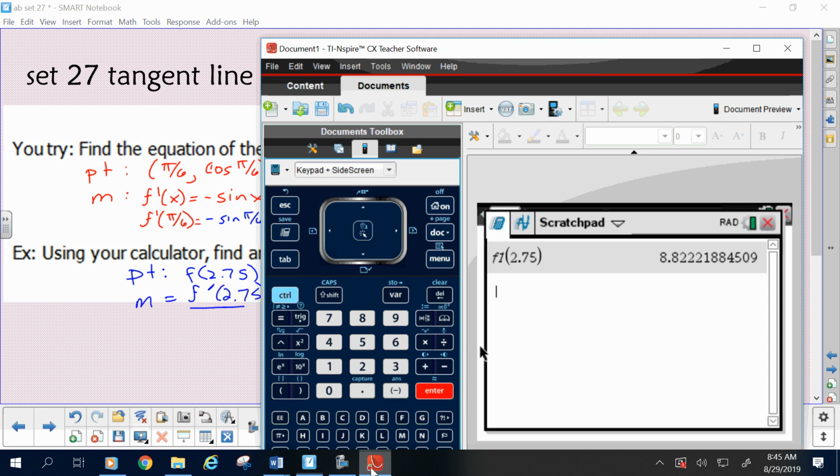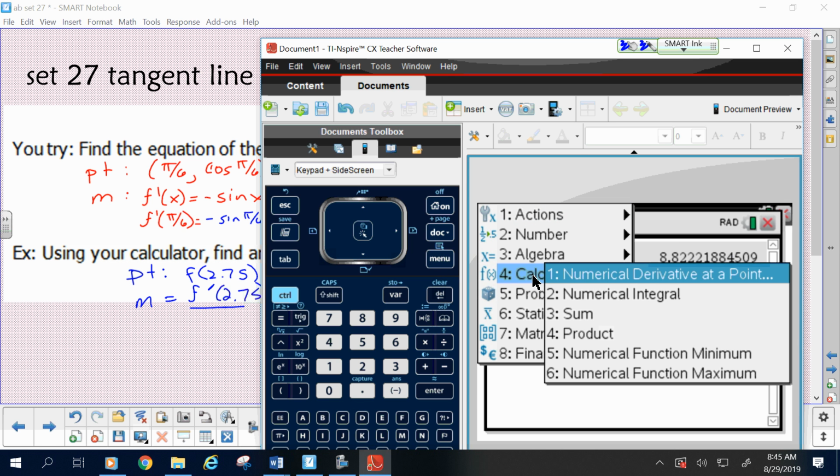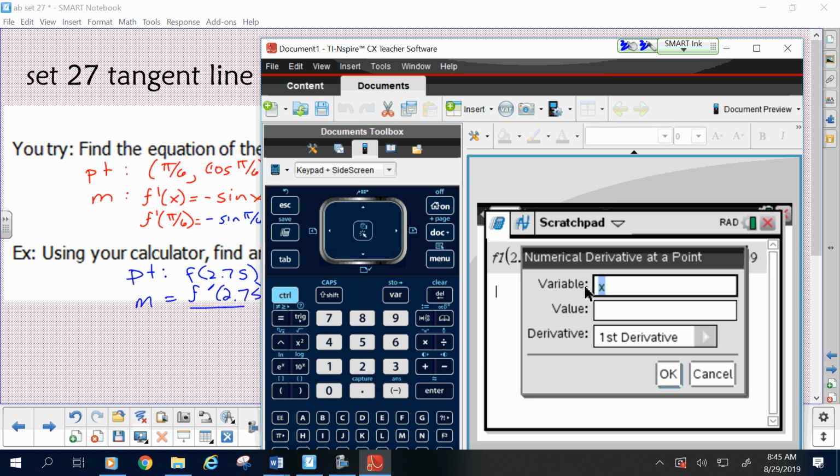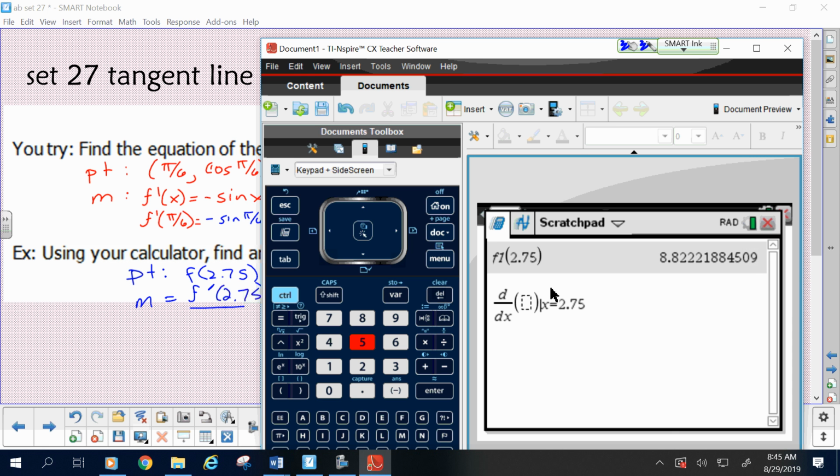So remind me again, how do I calculate the derivative at a point? Menu, calculus, derivative. X is good. 2.75. Okay. Now, do I have to type in the whole function? No. What should I type in there?